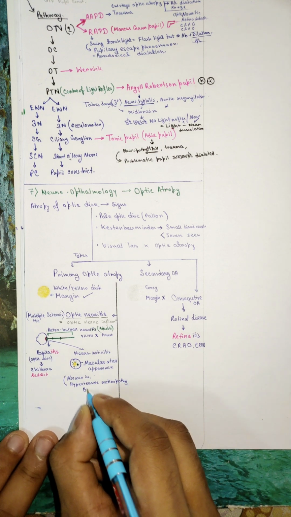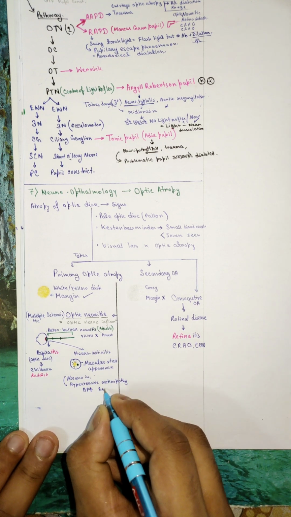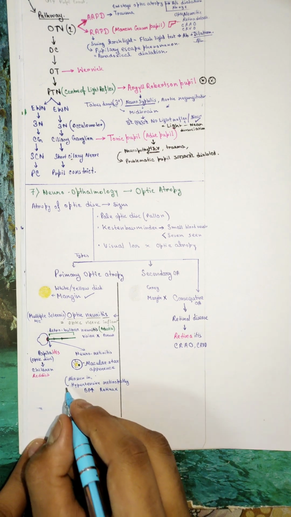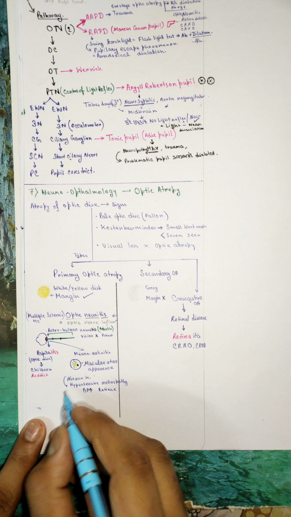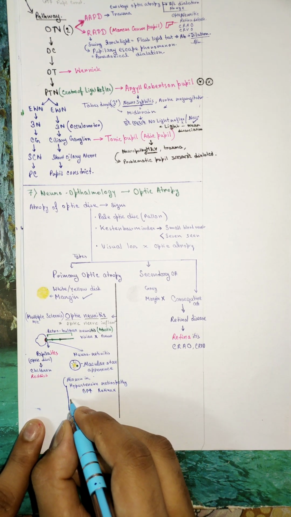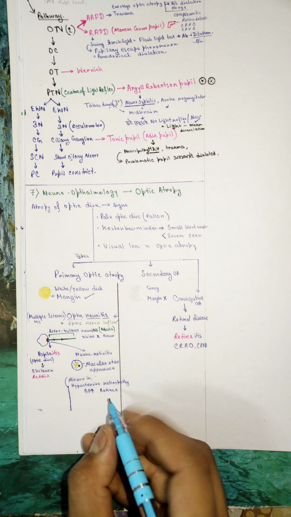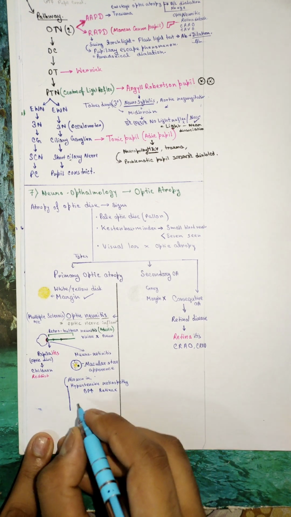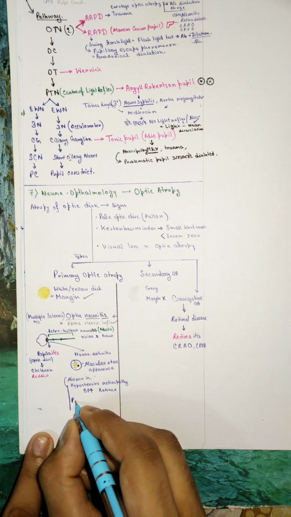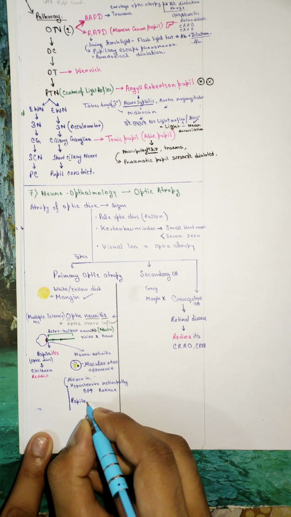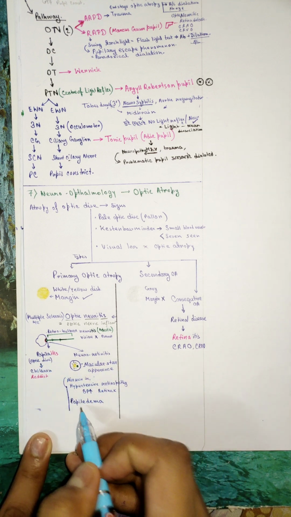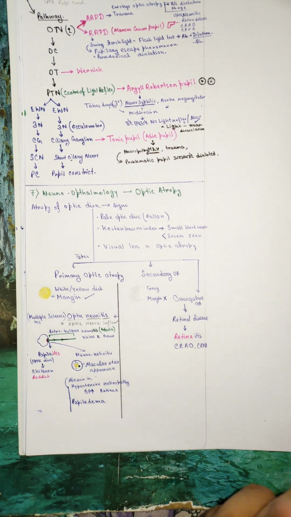That means if BP is high, retina damage or retinal problems, this can be seen. Obviously, macula is part of retina after all. Also, papilledema. That is optic disc, that is papilla and edema in optics.